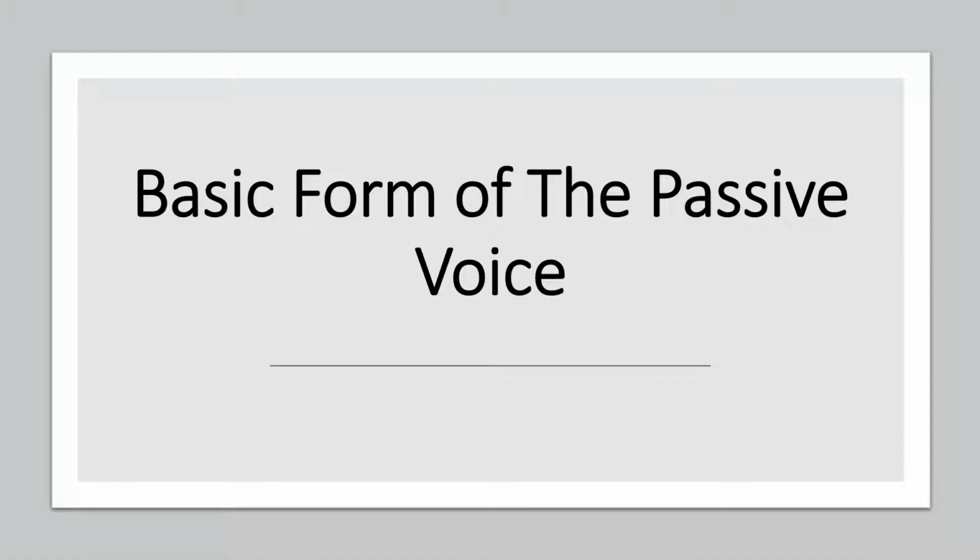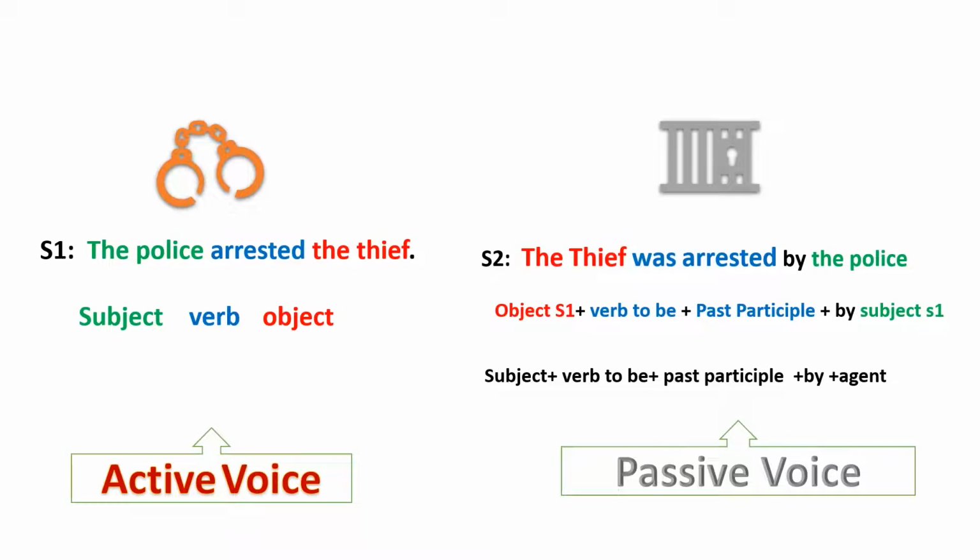Now let's start with the basic form of the passive voice. We have two sentences here. Let's start with the first one: "The police arrested the thief." In this sentence, we have subject, verb, and object. The police is the subject, arrested is the verb, the thief is the object.